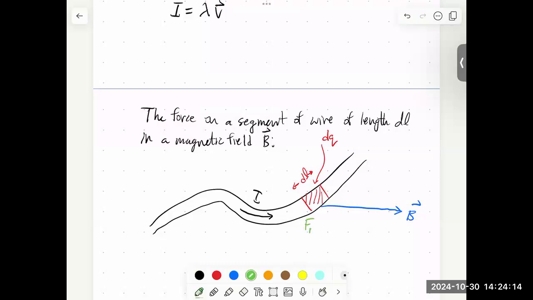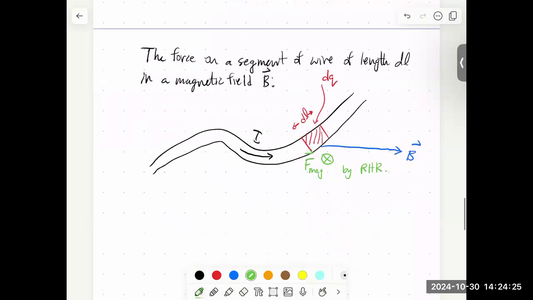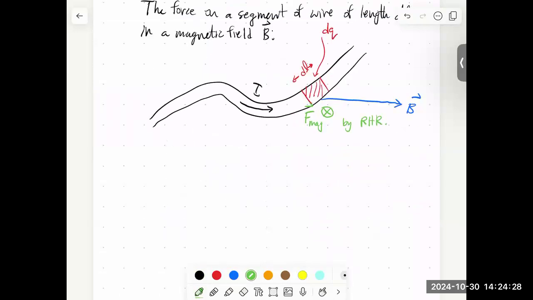So we would have F magnetic into the screen by the right hand rule. Okay, so let's see if we can work out quantitatively what the force will be.